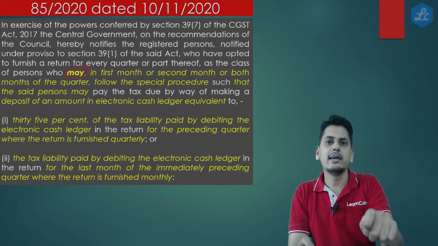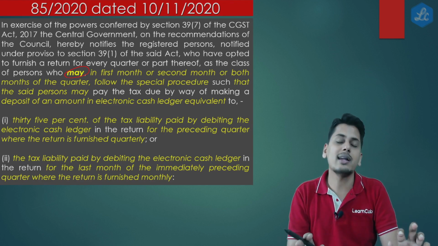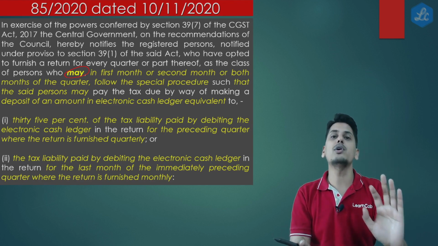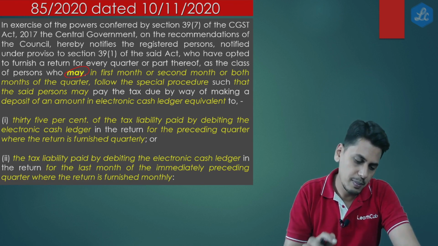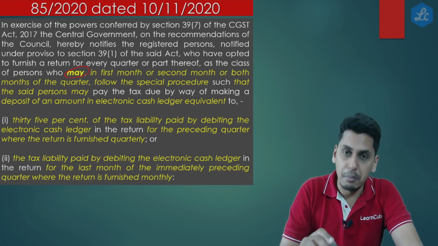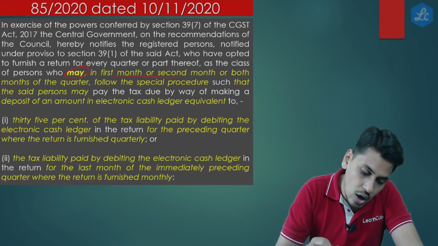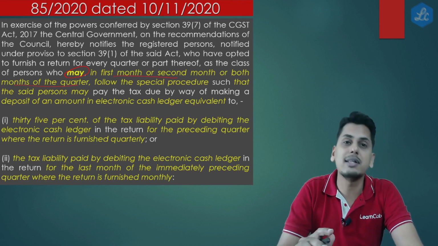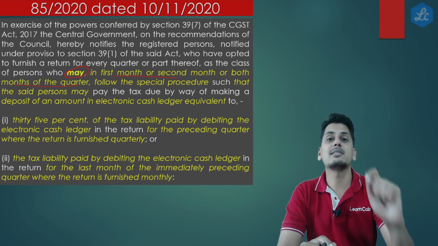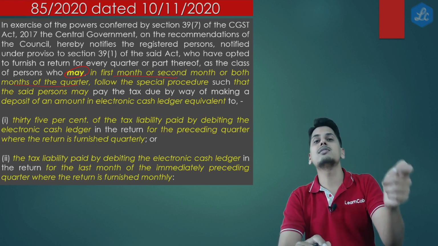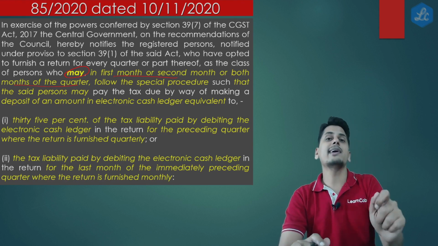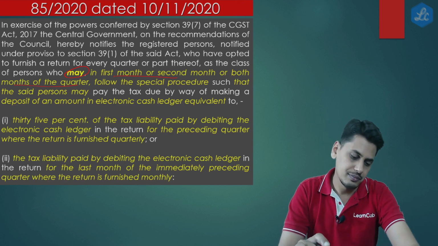If he wants, he could go under the regular self-assessment basis for computing the tax which needs to be deposited for the first and second month. So this particular person may, in the first month or second month or both the months of the quarter. So friends, this method is optional. He can choose it in the first month, or he can choose this method for the second month, or he can choose this method for both the months.